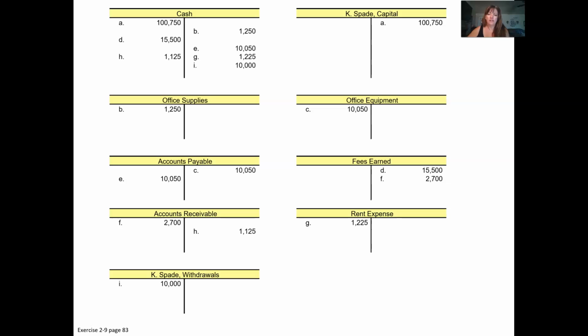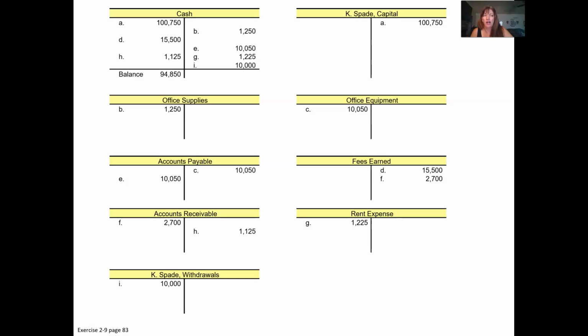Okay, these are all of the T accounts put together. The longest one is going to be cash, and you want to get the balance of each one, because the only way to find out how much we have in each account is by posting to the T accounts, I guess you could say. Add up all your debits, add up all your credits, and then subtract the two, and that tells you what your balance is in each account.